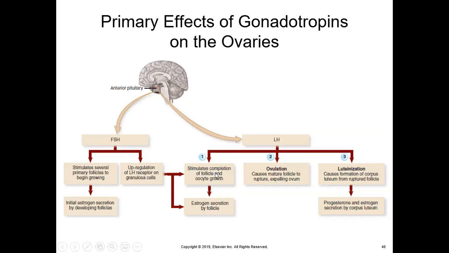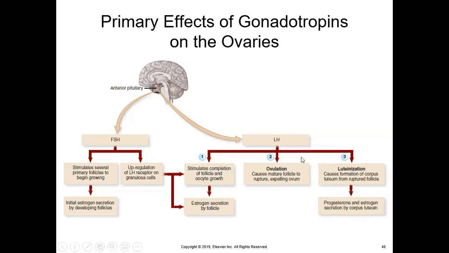So it stimulates the ovaries to finish out the process; the ovaries secrete estrogen by the follicles. Then it stimulates ovulation, which causes the mature follicle to rupture, expelling the egg. And then you get luteinization, which causes formation of the corpus luteum from ruptured follicles.